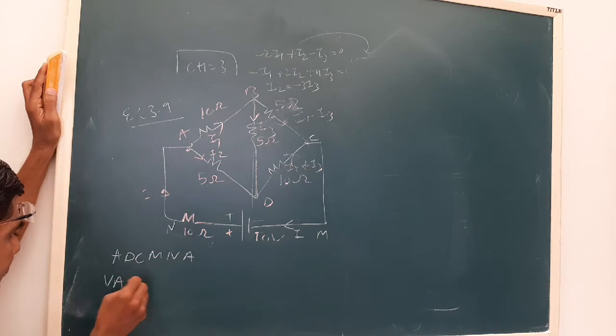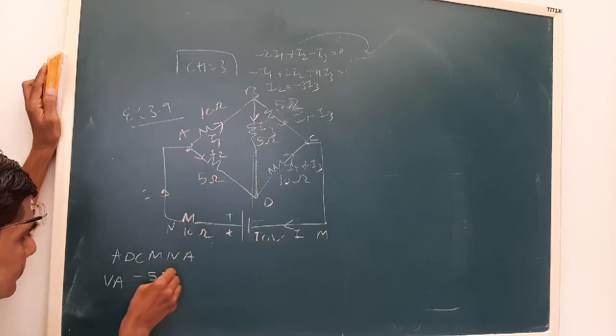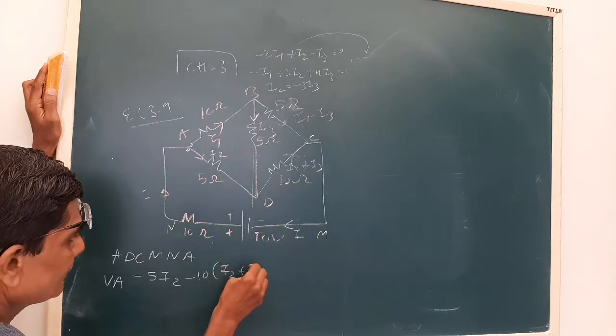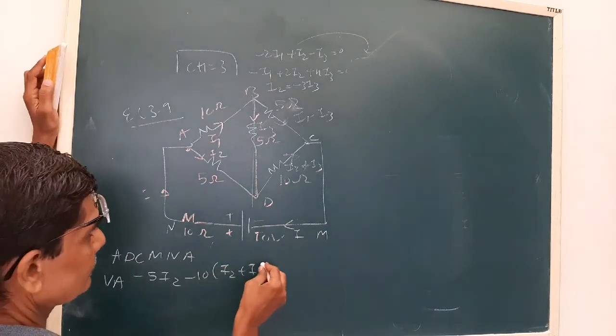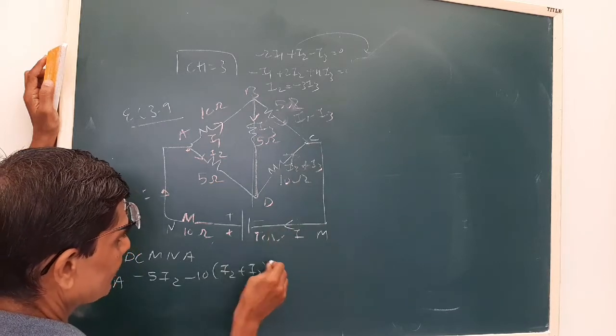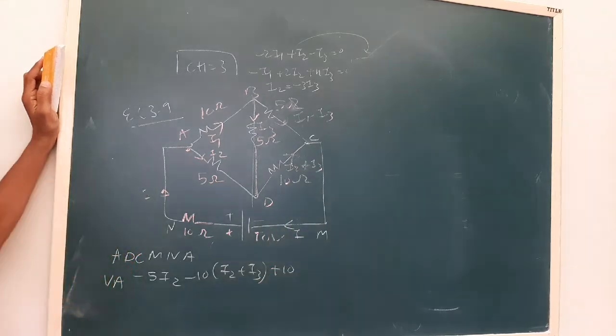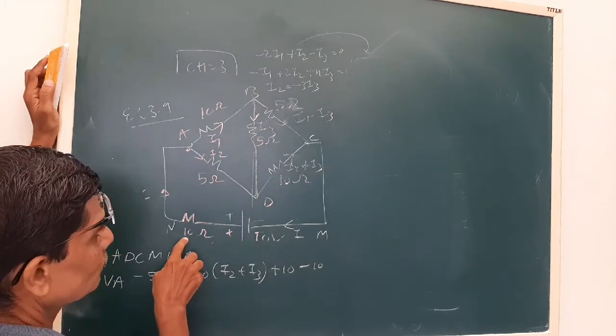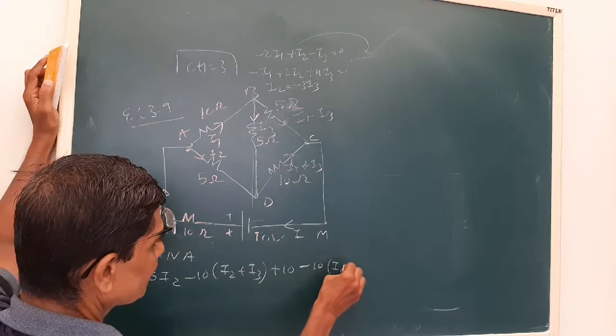So VA minus 5I2 minus 10 I2 plus I3. Here the current is I. Now see from minus to plus of the battery, minus 10. What is the total current here? It is I, that is I1 plus I2.